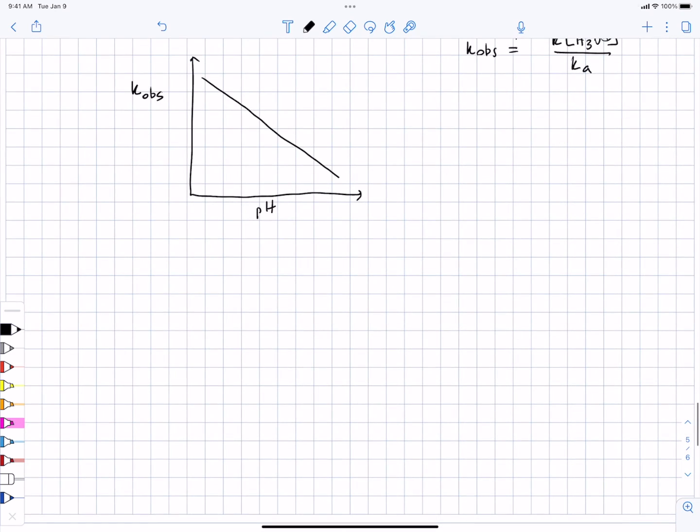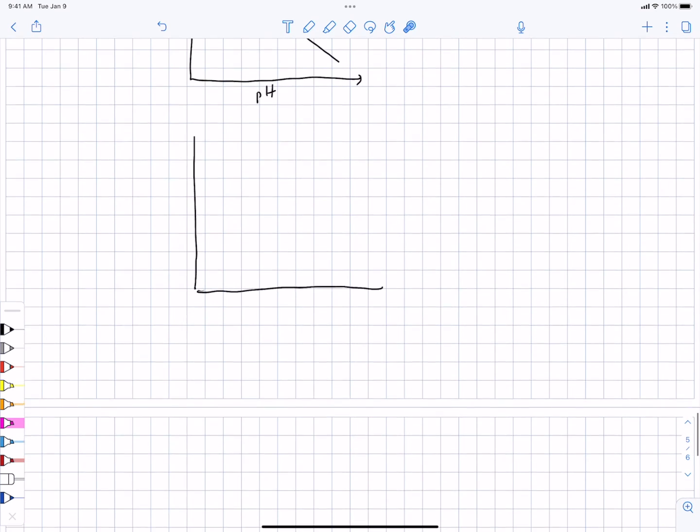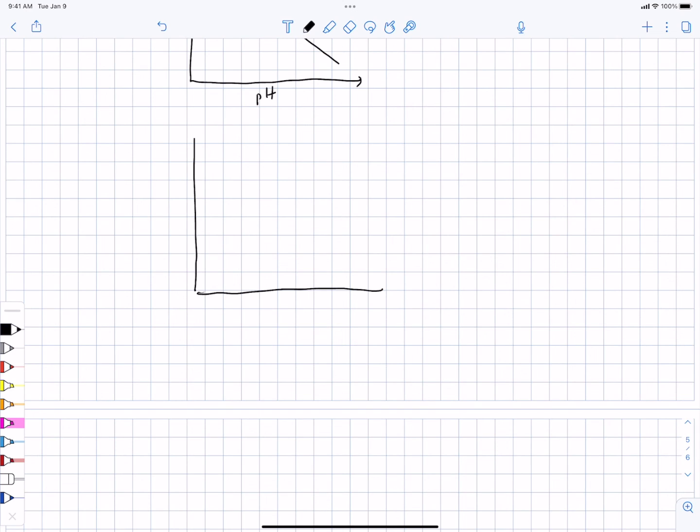However, it has been observed, and this is mind-blowing to me, even if you don't use the specific acid, you could use some acid HA, and suppose you increase the acid concentration while keeping pH constant. How would you do that?